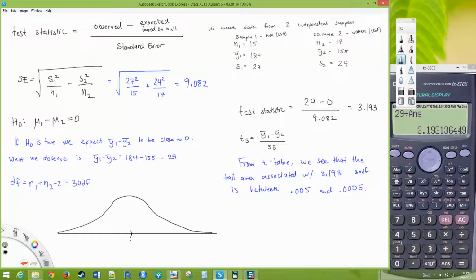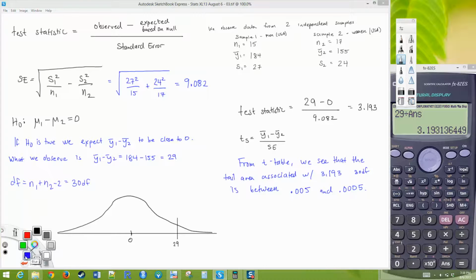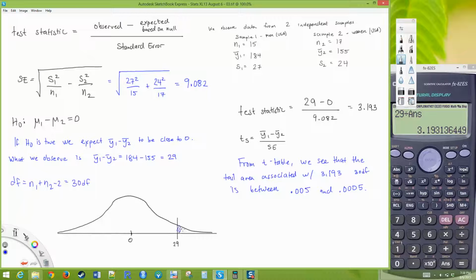If I put 0 in the center, we end up at 29 here, and the table says that this area is between 0.005 and 0.0005. A difference of 29 pounds is what we're looking at.